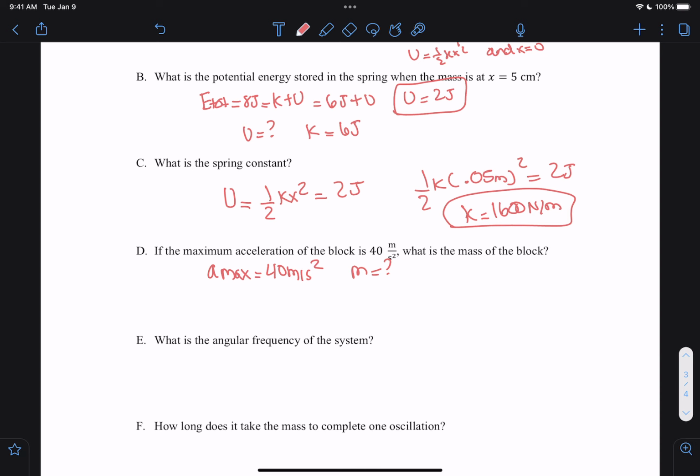There's one way that comes to mind immediately for me, just based on the fact that they're telling us maximum acceleration. There might be another way, but I'm not sure if it gives us the right answer, if it's the correct way to go about thinking about things. But anybody have any suggestions as to how to approach solving for the mass here, if they're giving us maximum acceleration? Or can we start?